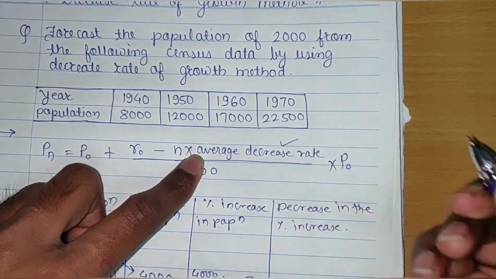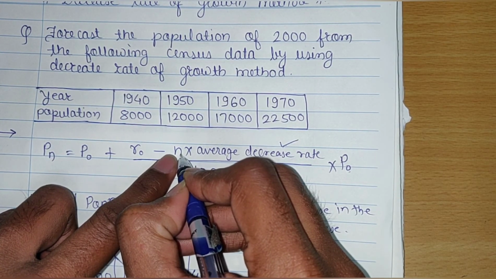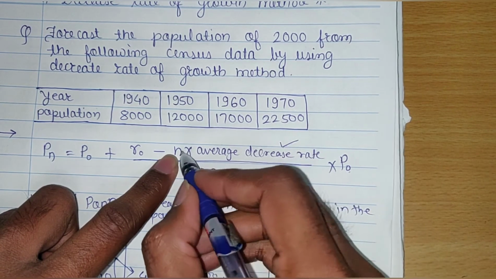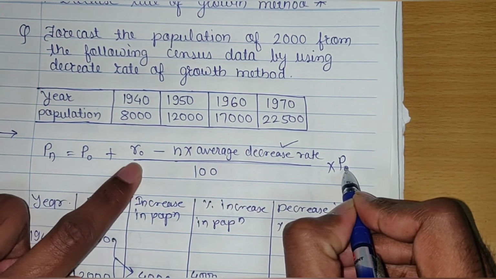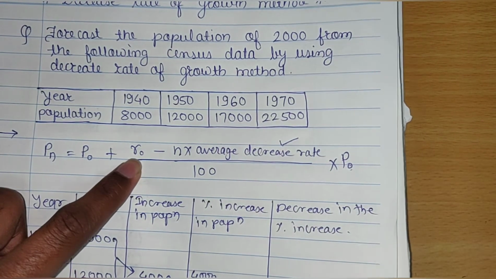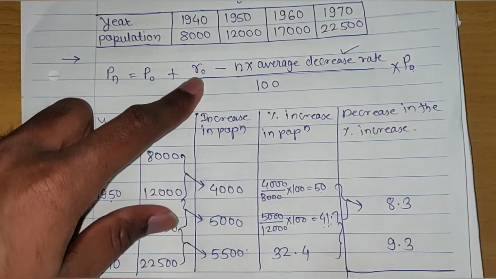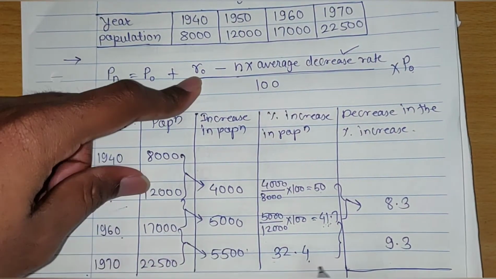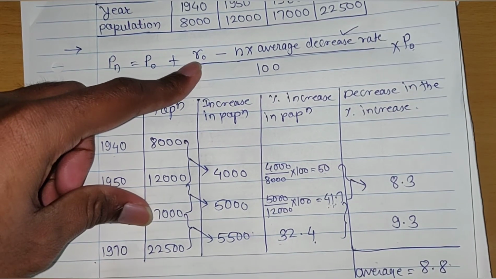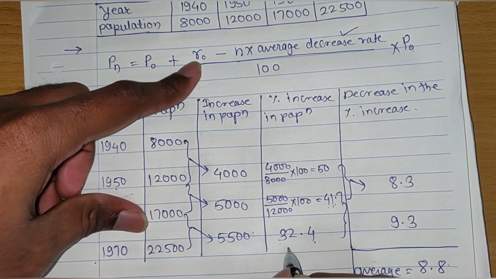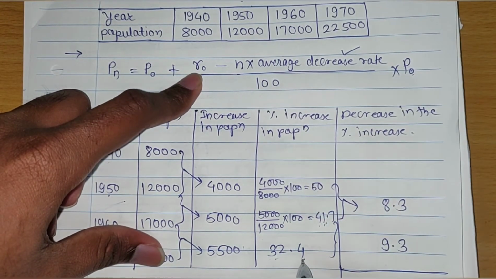You get this value. And the n value, we have seen in previous numericals how to calculate the value of n. P naught is given, R naught is the previous growth rate or the previous percentage increase. For 1980, the previous percentage increase in population is 32.4.